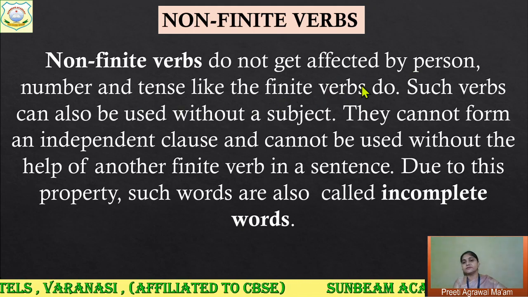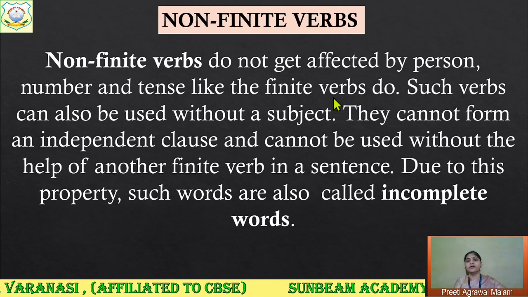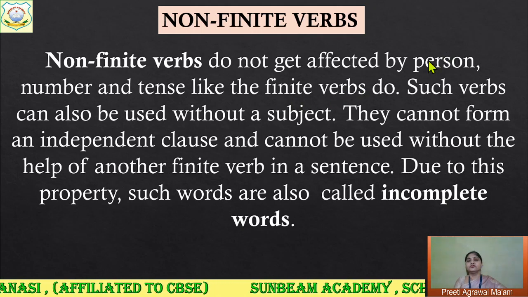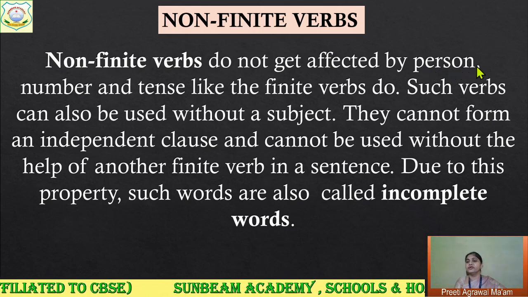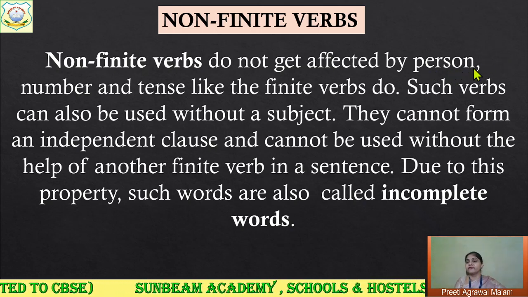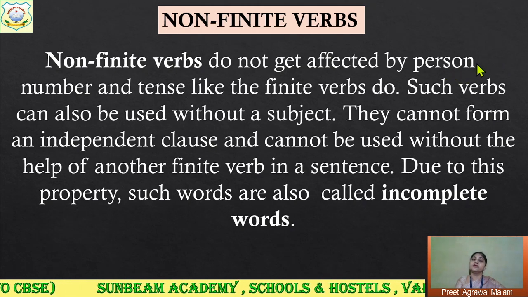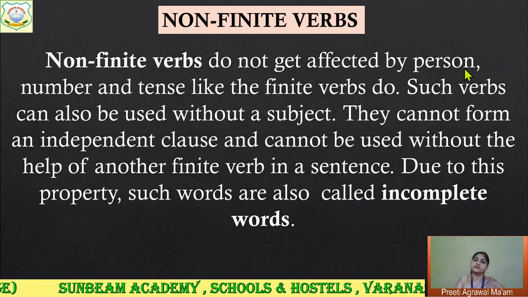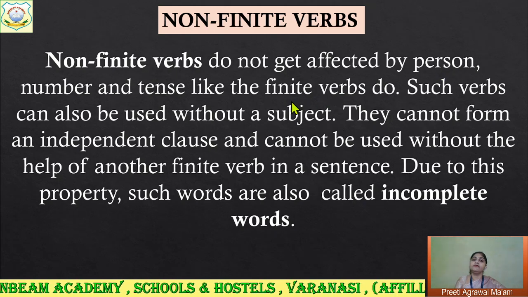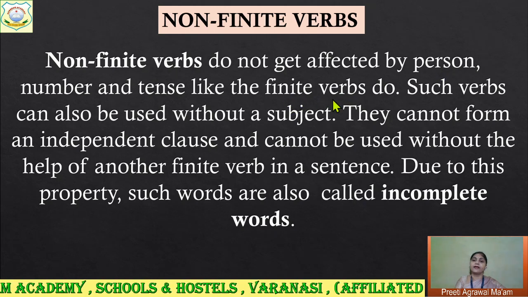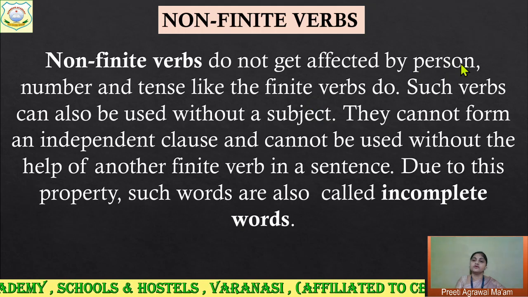But finite verbs, they are affected by person. As your person changes, suppose third person is there, so you will use another verb. If first person is there, you will be using another verb. Second person, another verb. So where? In finite verbs. So finite verbs are affected by person also.